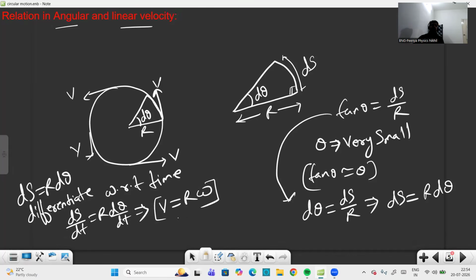So v equals r omega. This is the relation between angular velocity and linear velocity. v equals r omega, or omega equals v by r. I think all of you understood this.